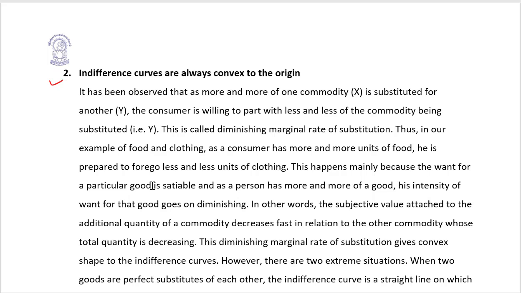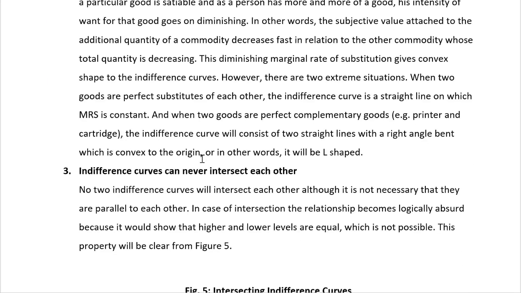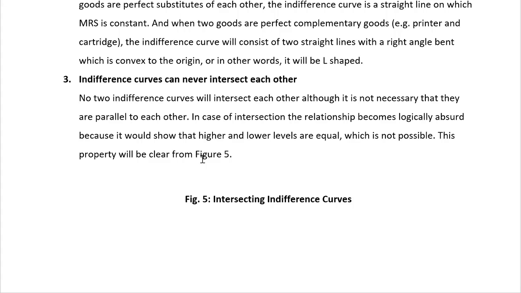It happens because of MRS, that is the marginal rate of substitution. Because we want to give up less and less units of good Y in terms of good X.